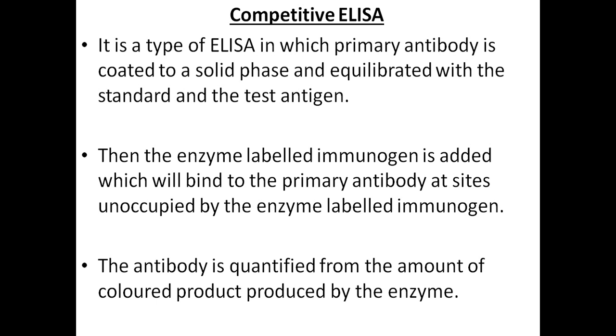Then the enzyme labeled immunogen is added, which will bind to the primary antibody at sites unoccupied by the enzyme labeled immunogen. The antibody is quantified from the amount of colored product produced by the enzyme.